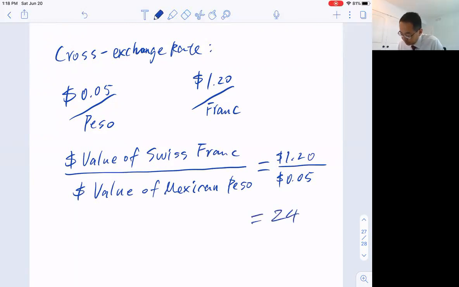That means it takes 24 pesos per franc. So that is the cross exchange rate between Swiss francs and pesos. You use the ratio between the two currencies against the same common currency, usually the US dollar, to figure out what the value ratio is between these two odd smaller currencies.